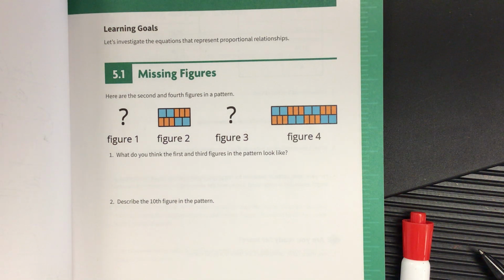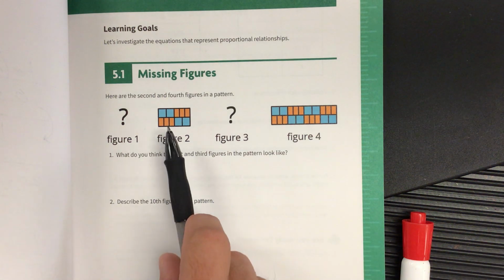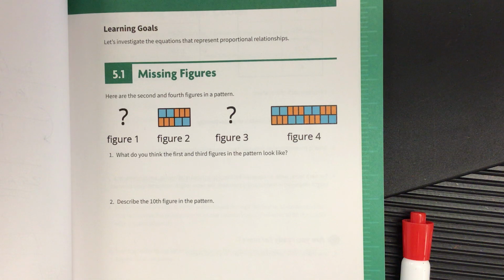So why don't you just see if you can answer number 1. What do you think the first and third will look like, based on knowing the second and the fourth?